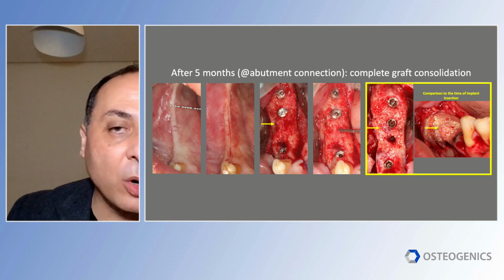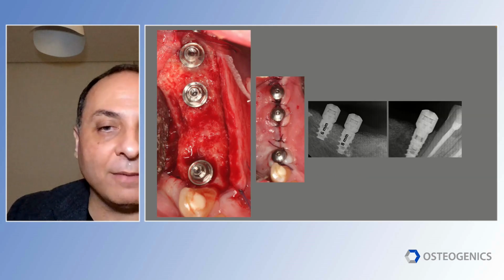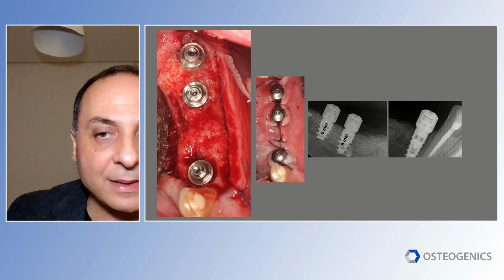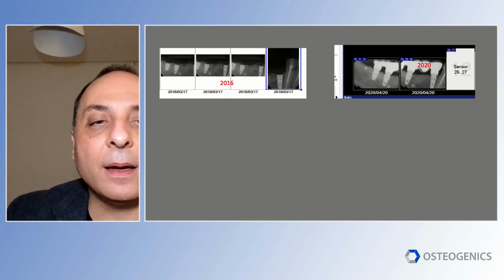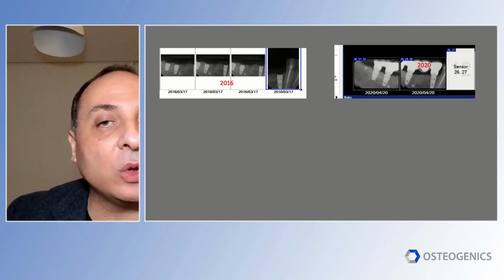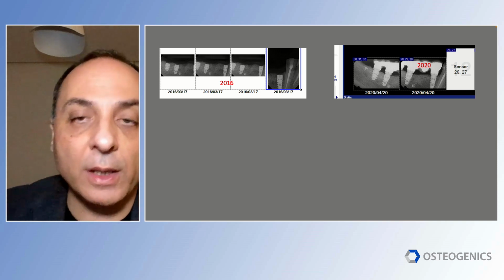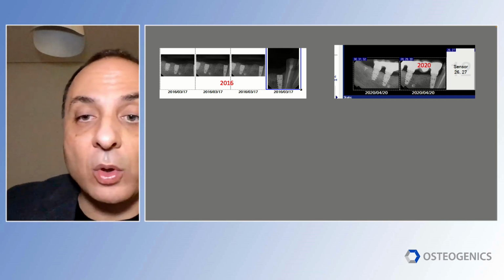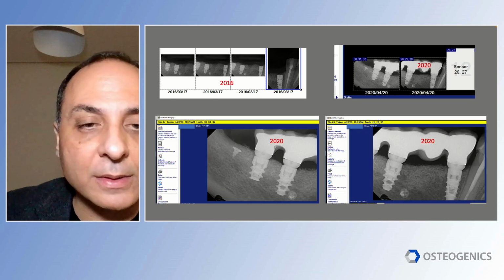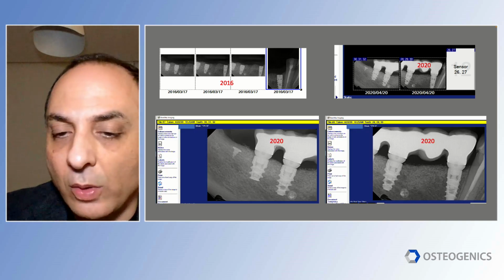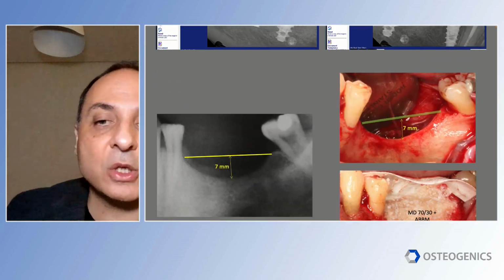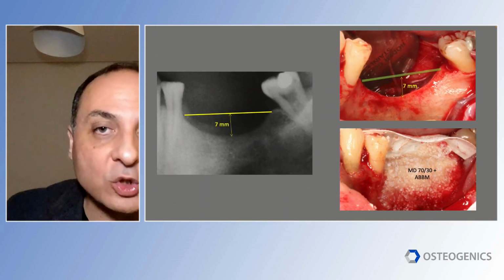So this bone matured enough, and it became very solid around these newly placed implants. And look at the follow-up. This case was done in 2016. These are the 2020 X-ray, perfectly stable bone around this case. And I'm seeing this patient regularly lately, so it's no problem.